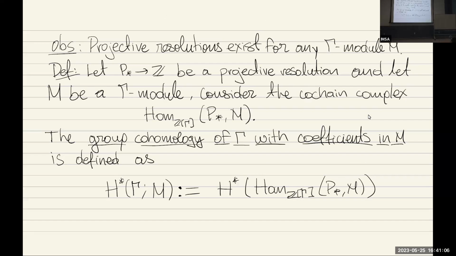One observation: projective resolutions exist for any gamma module M. And then if you have a projective resolution and M is a gamma module, you can consider the cochain complex given by applying the Hom functor to the resolution P star. Then we get a cochain complex. The cohomology of this cochain complex is called the cohomology with coefficients in M.